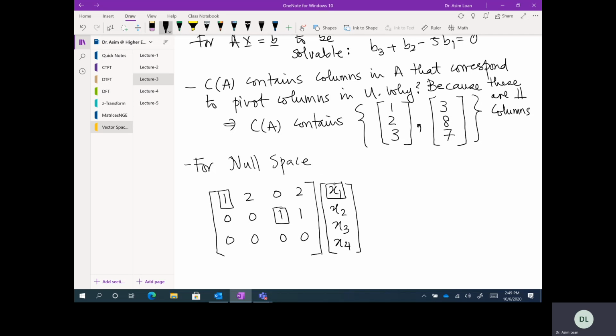This is a pivot column because it corresponds to the first one. This is a pivot column because this corresponds to the third one.